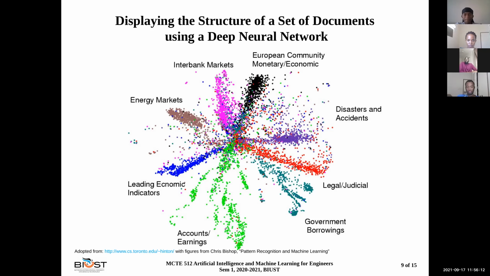These are documents that are submitted in a government office. So documents on energy markets, these are the documents here. And then economic indicators, about accounts and earnings, government, like this. So these are the documents and how they are separated from each other and how they are related to each other as well.